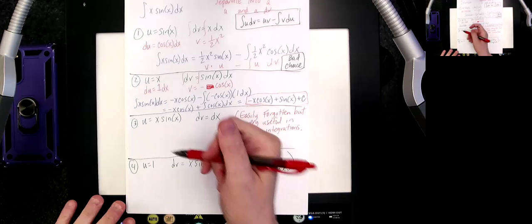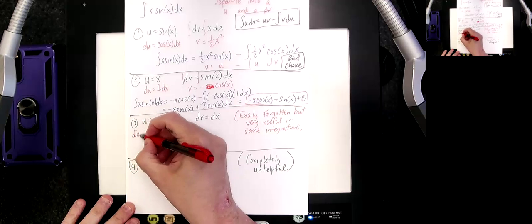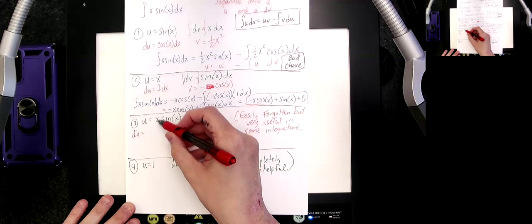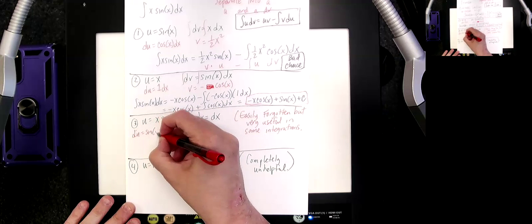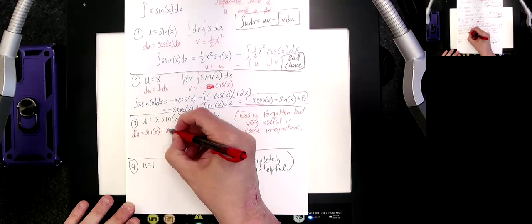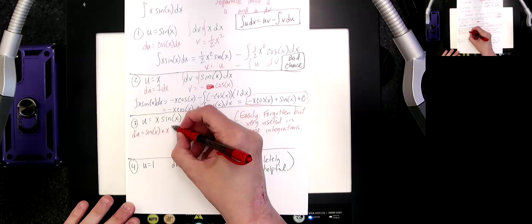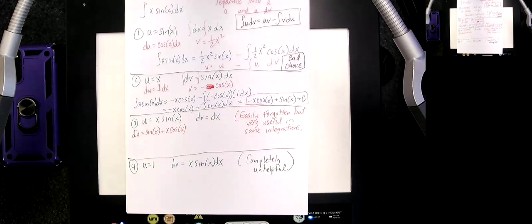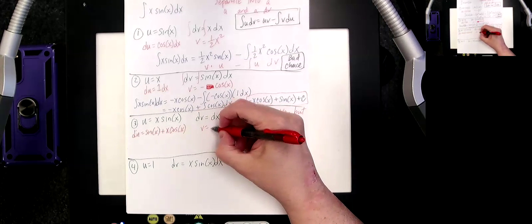On this one, we would have to do the product rule on x sine x. So we take the derivative of this, the derivative of the first times the second, plus the second times the derivative. Wait, I said that wrong. But that's what it is. And v equals x.